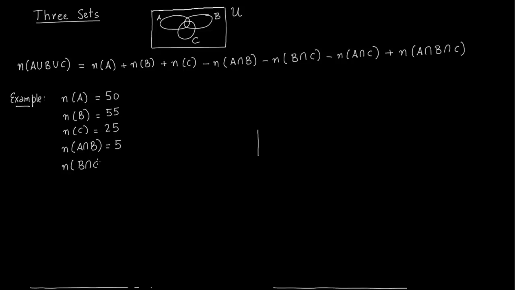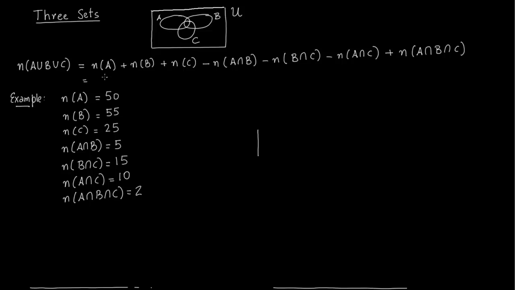In B intersection C there are 15 elements, and in A intersection C there are 10 elements, and the number of elements in A intersection B intersection C are 2.